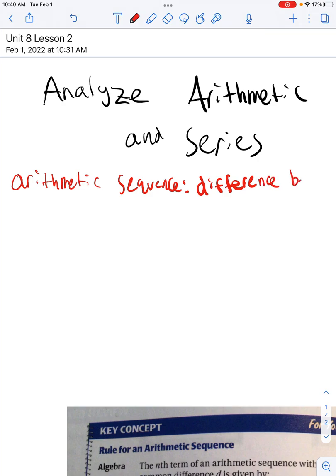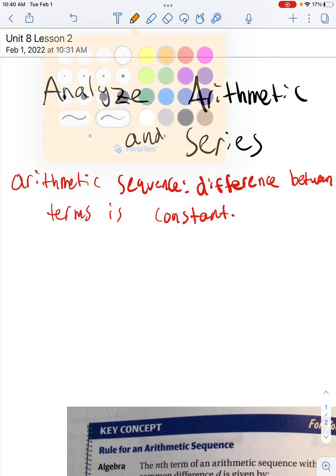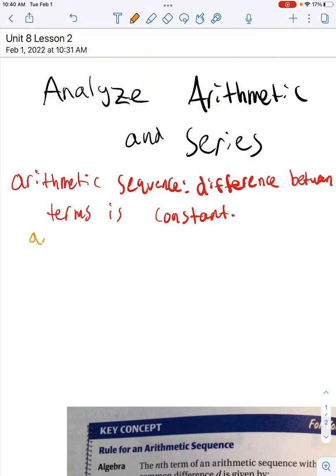Difference between terms is constant. So let's do an example, or I'll show you what that means. If I look at the sequence -4, 1, 6, 11, 16, and so on, what I would look at is the difference between the second term and the first term.